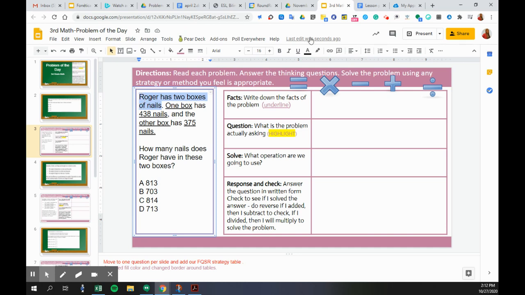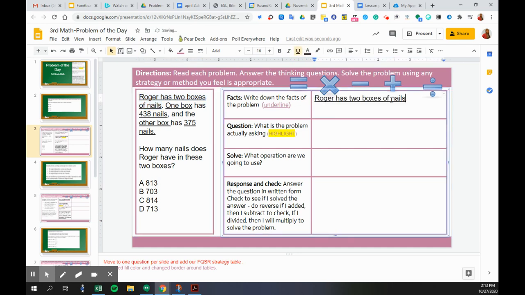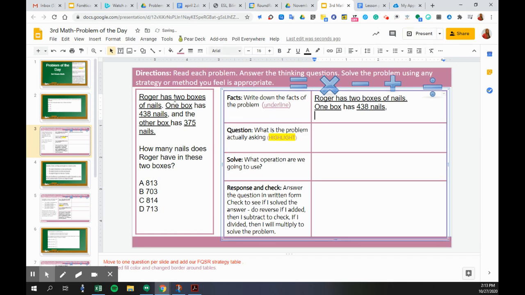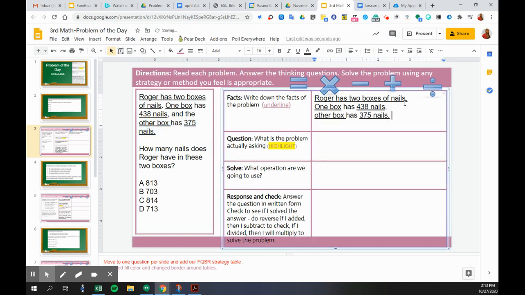But I think it'll be important for them to know that, right? So Roger has 2 boxes of nails. One box has 438, and then the other box has 376 nails. So those are my facts.